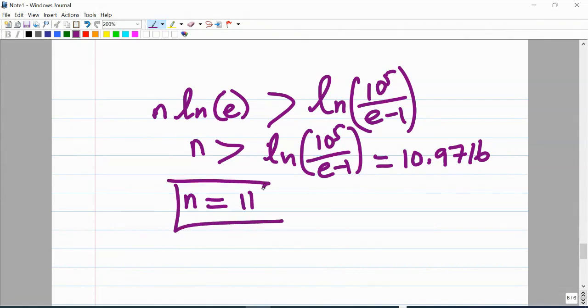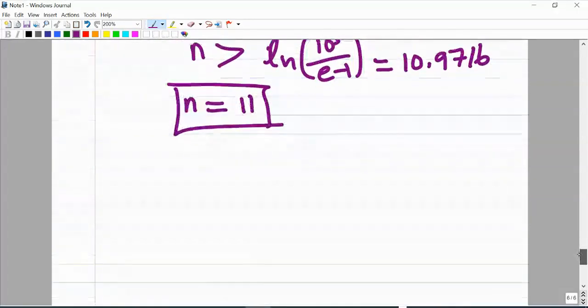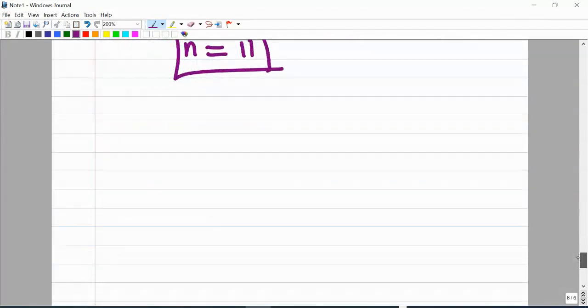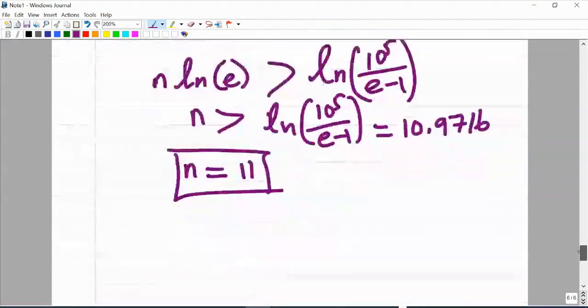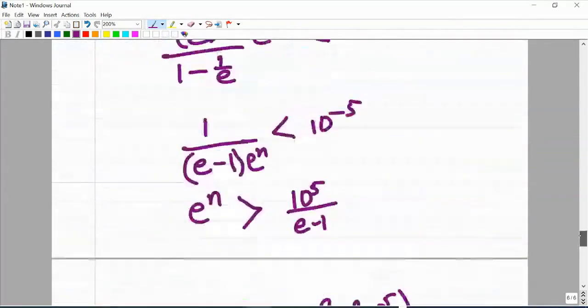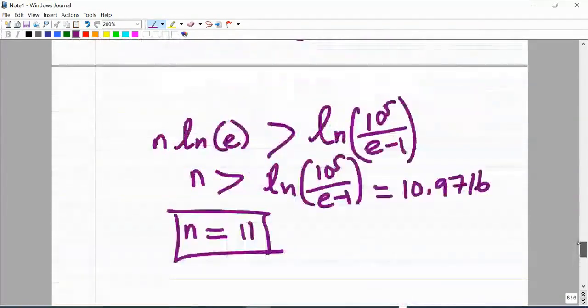Then n would be equal to 11 in this case. So you need 11 iterations of the fixed point theory to actually get a convergence of 10 to the power minus 5.